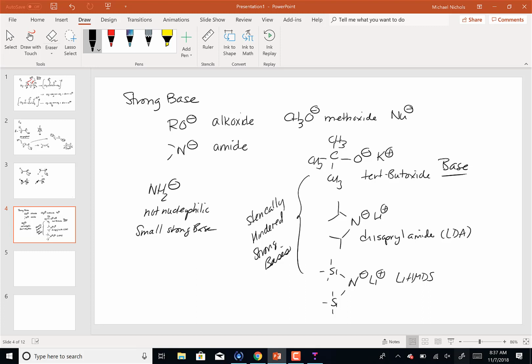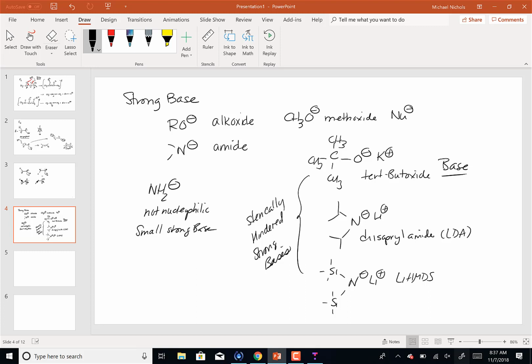Okay. So these are the bases that we're going to use with E2. How do you know if a reaction's E2? It's got one of those two bases in the reaction. If those two reagents aren't there, it's not E2. It's as simple as that. So, is everybody kind of okay with that?